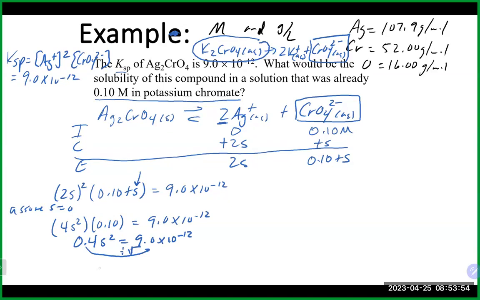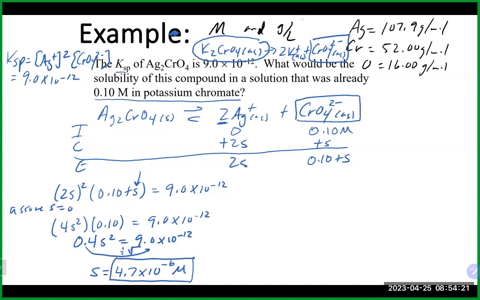Going to get us an S value here of, we'll call it 4.7 times 10 to the minus 6. And this would be our molar solubility in this case of the silver chromate, which means that that would be one of the answers, right?